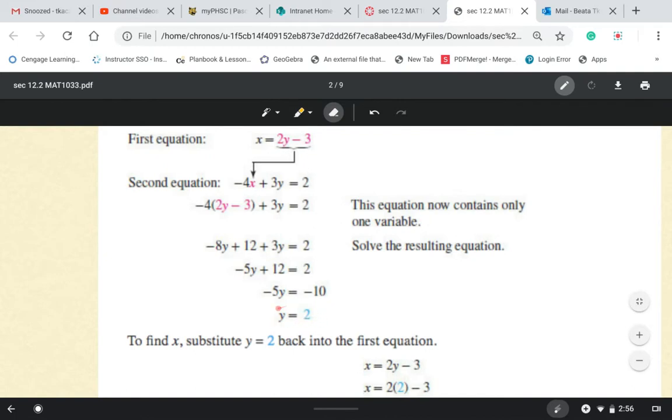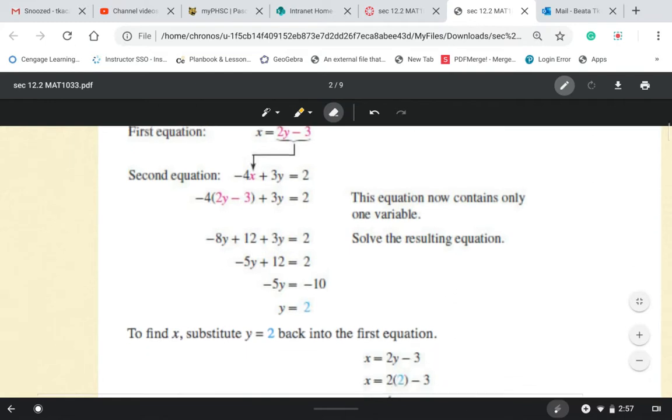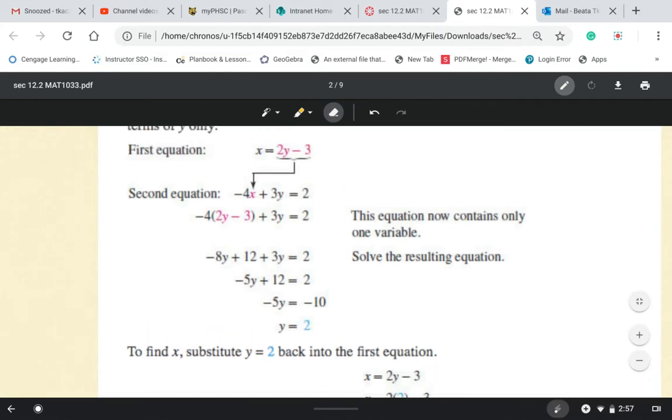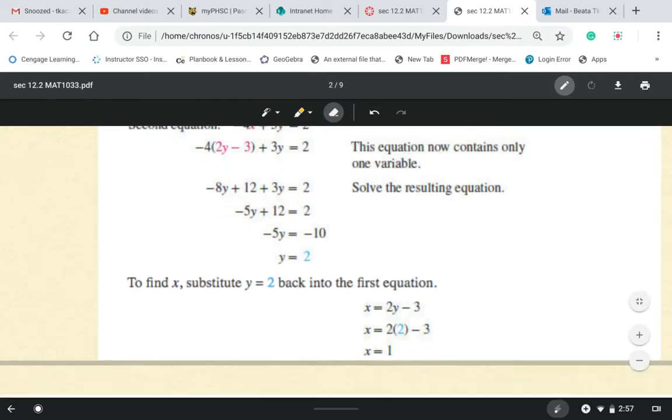When you have y = 2, which represents the y coordinate of the point of intersection, we go back to the first equation, x = 2y - 3, and where you had y, you plug in 2. So to find x, we substitute y = 2 back into the first equation, and that gives you x = 1.